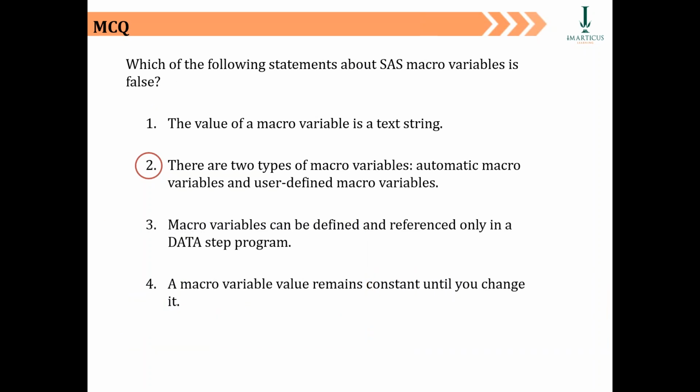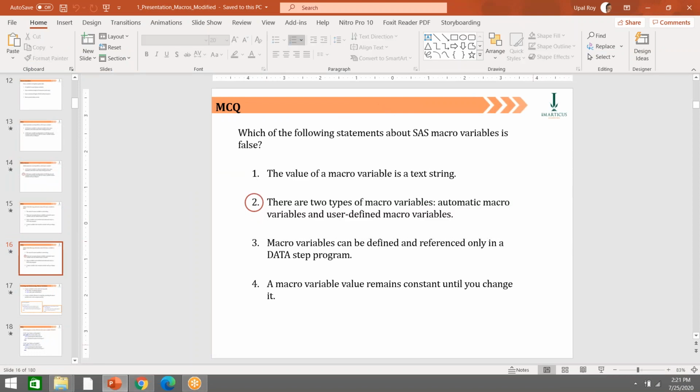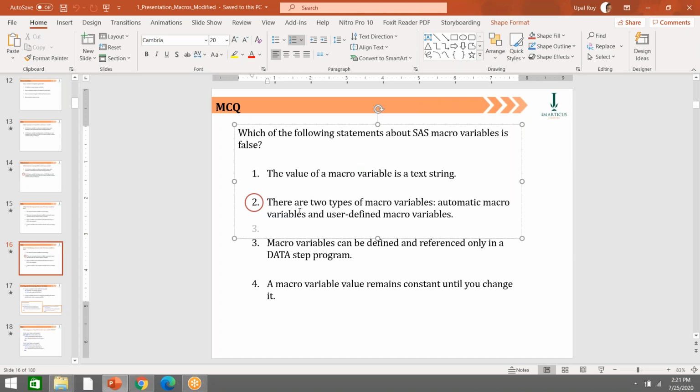No, I think this answer is wrong. It will be the third one, the automatic one, because there are two types. The macro variable being a string is absolutely correct. It remains constant until you change it. This is also correct. So I think the third one is wrong.